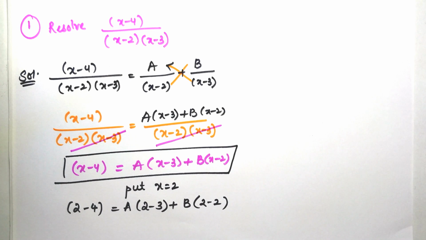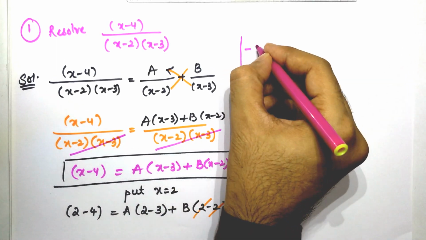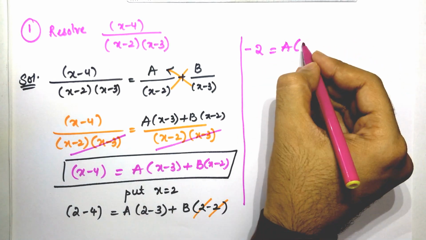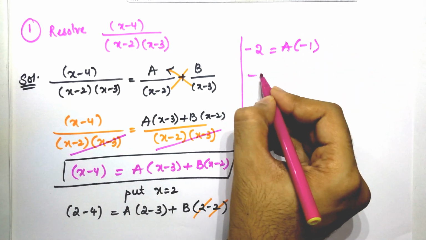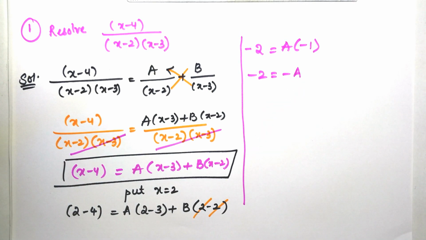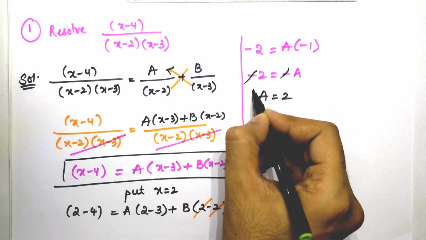The b term becomes 0 into b, which is 0. The leftover is: 2 minus 4 is minus 2, equal to a into minus 1, so minus 2 is equal to minus a. I can cancel the minus sign from both sides, so the value of a we got is 2.